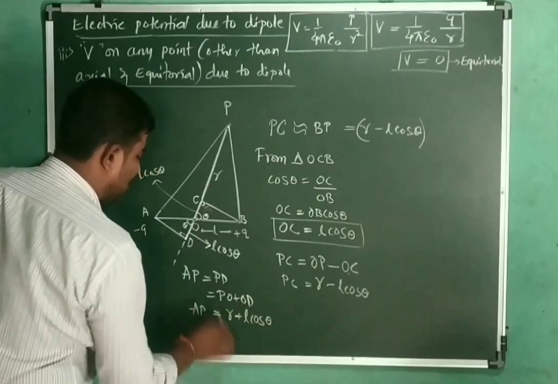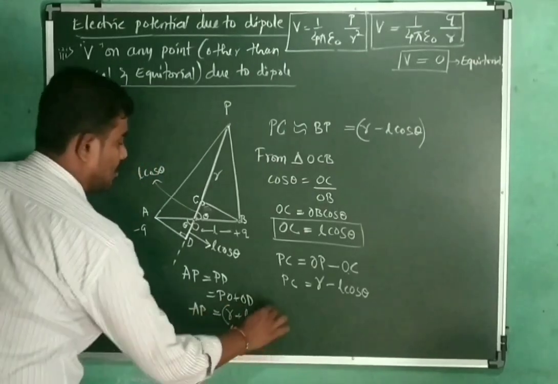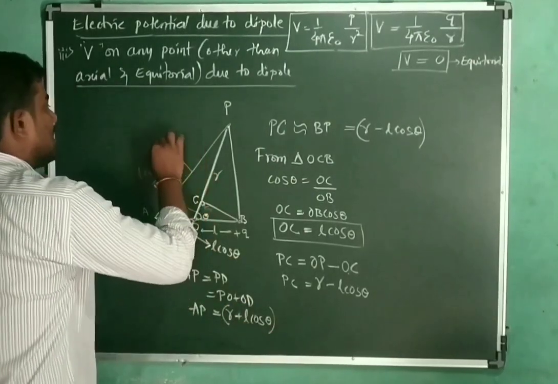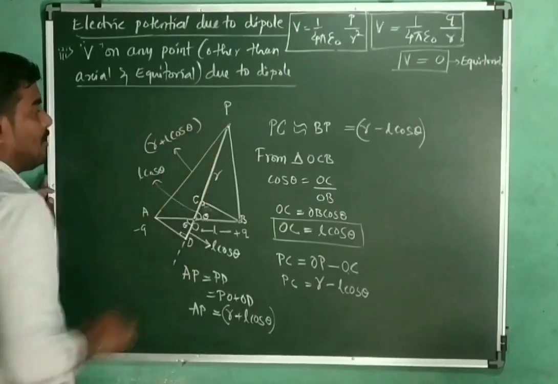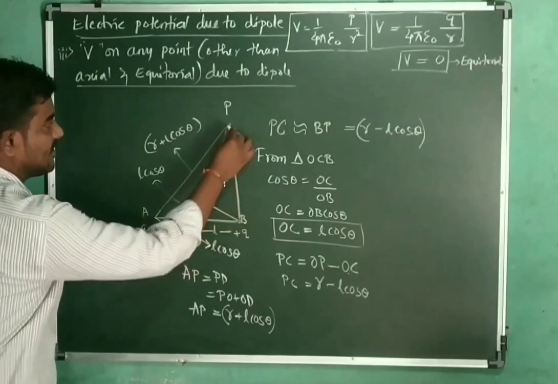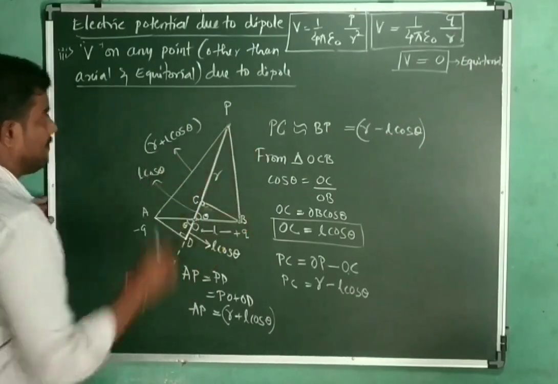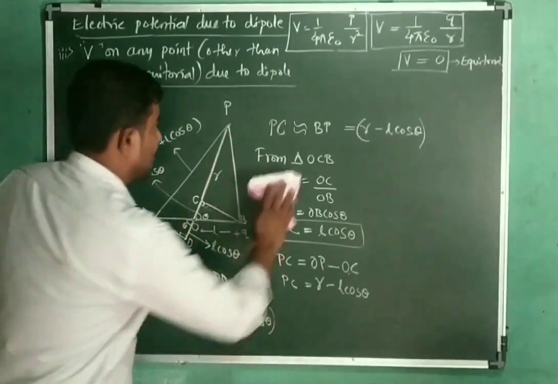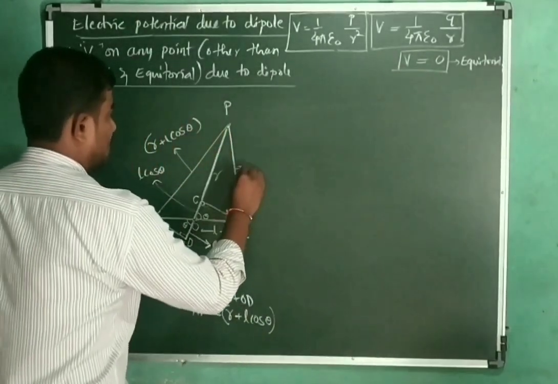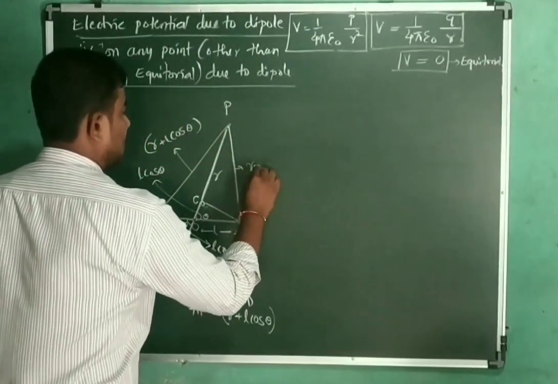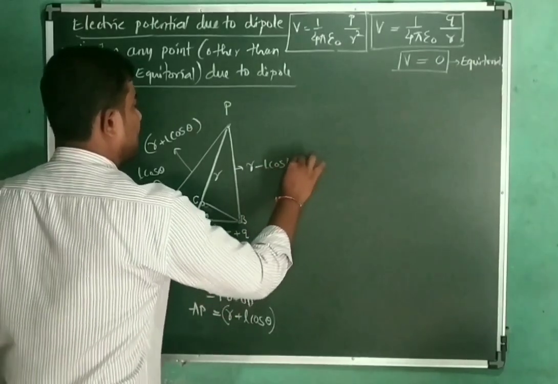Therefore AP is equal to R plus L cos theta. So this distance is R plus L cos theta, and this distance is R minus L cos theta.